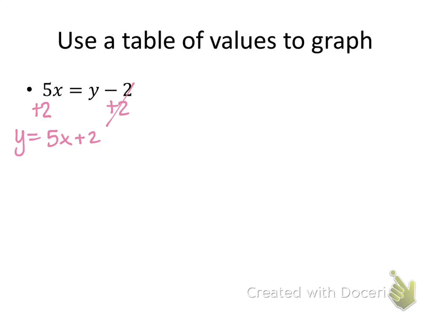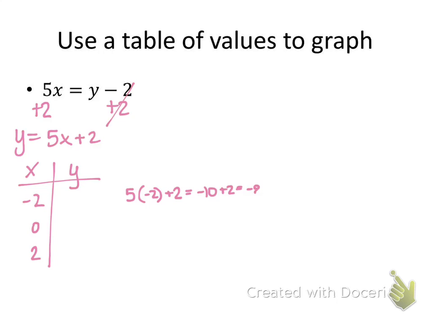Now let's make our x and y chart. Remember, the values that you are going to use are -2, 0, and 2. Now let's plug it in. 5 times -2 plus 2. 5 times -2 is -10 plus 2 is -8. 5 times 0 plus 2 is 2.